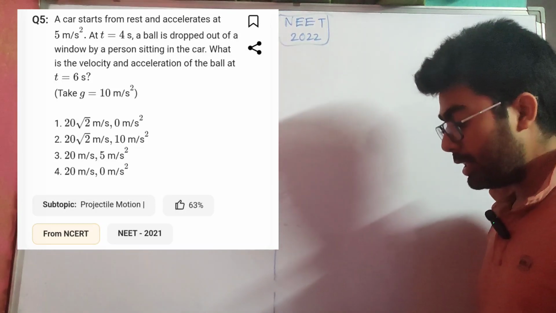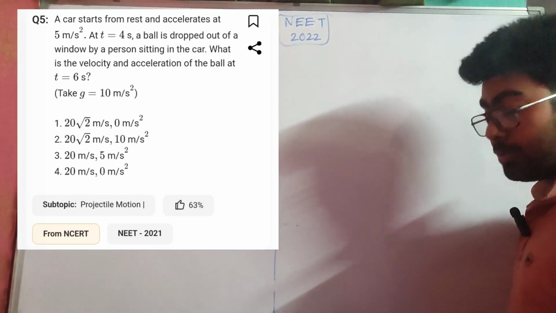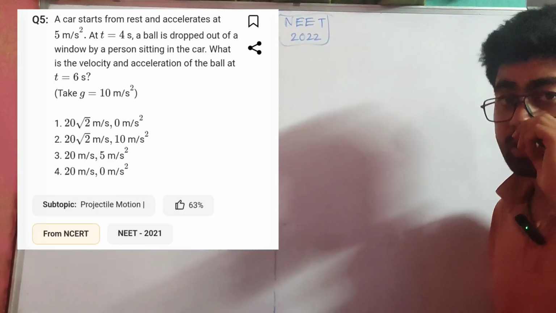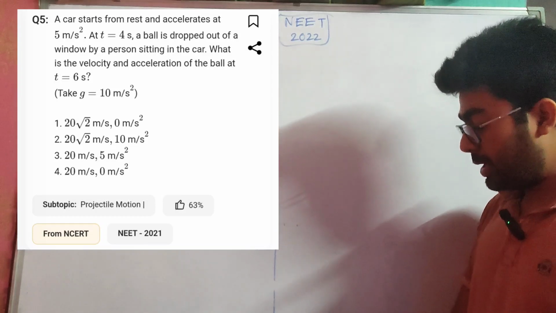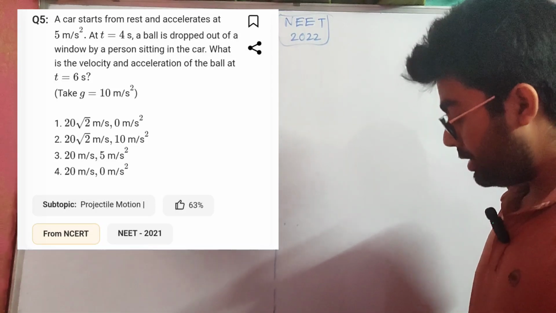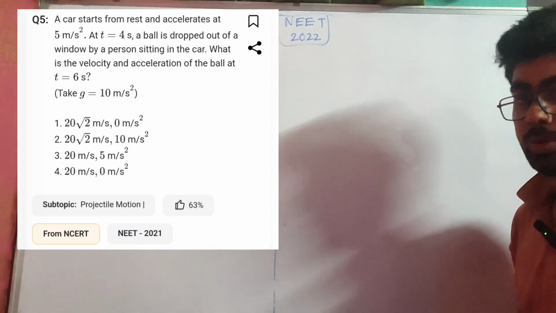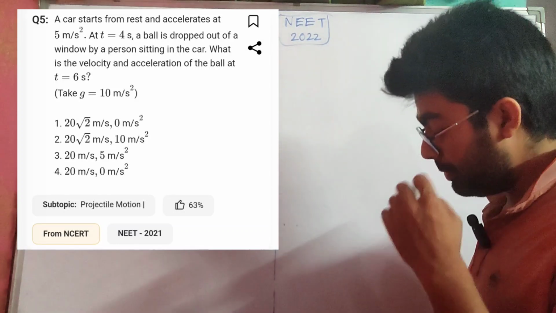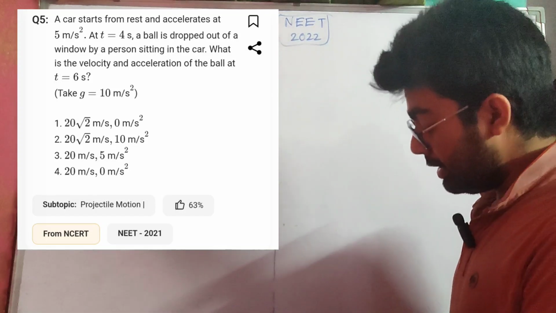Look at the board. A car starts from rest, that means the initial velocity of the car is 0, and accelerates at 5 meter per second square. At t equal to 4 seconds, a ball is dropped out of a window of the car by a person sitting in the car.